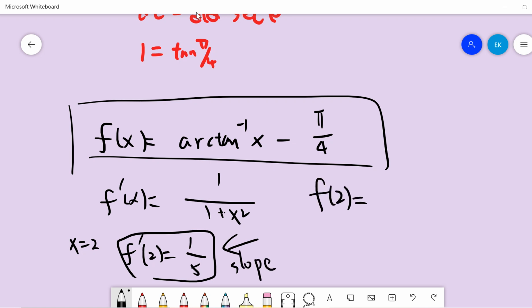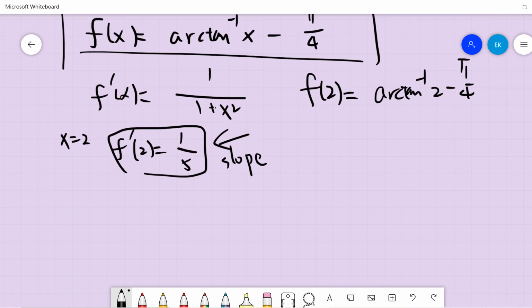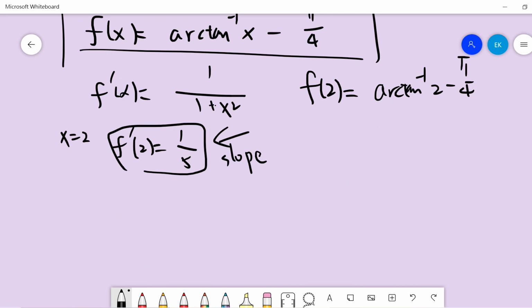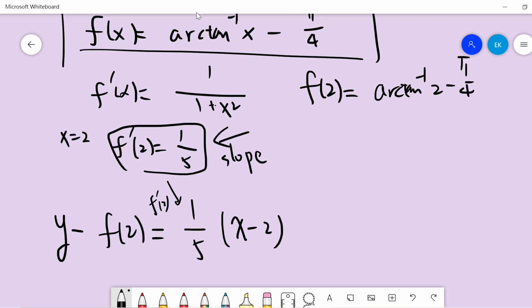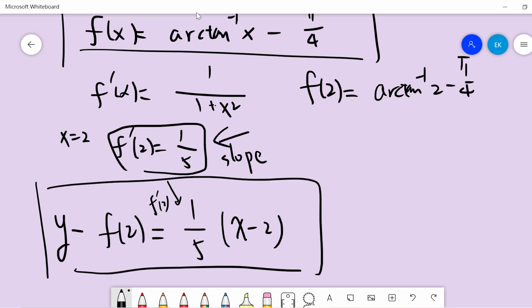And f of 2 is arctangent 2 minus pi over 4. So now we can write down the line. The line is y minus f of 2 equals the tangent slope times x minus 2. So this is the tangent line.